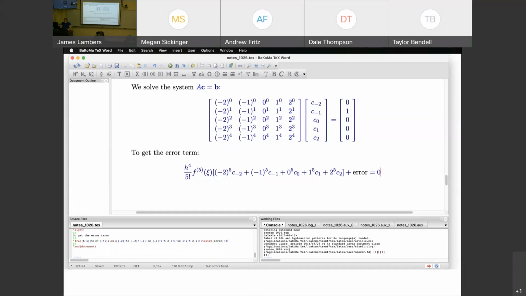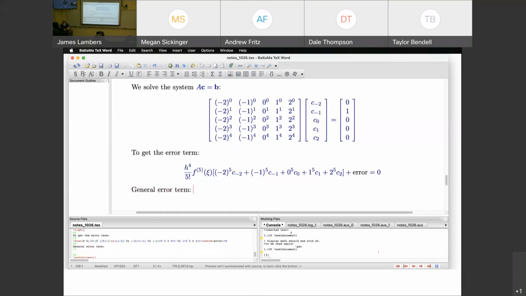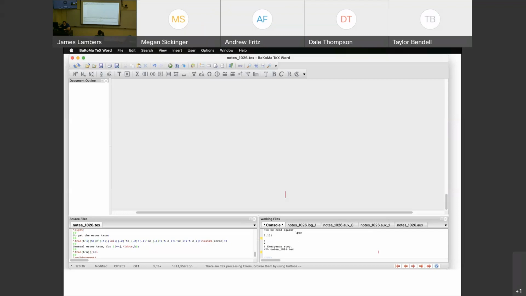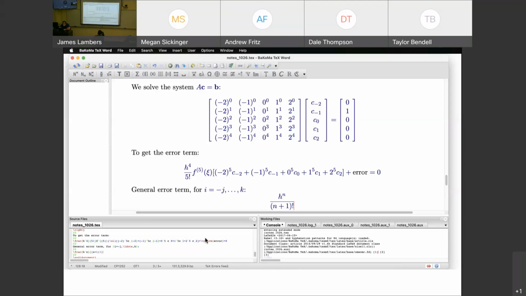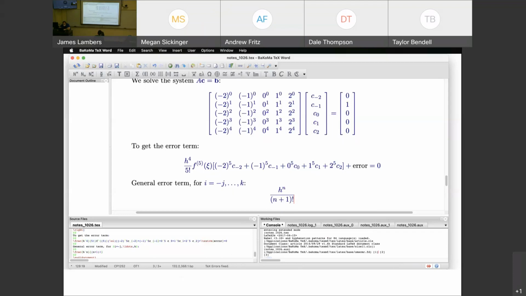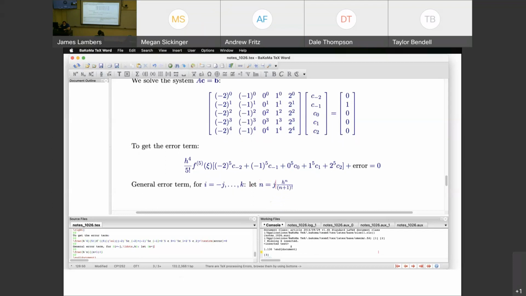Okay. So the general error term, when using general indices starting from j points to the left of x naught and k points to the right of x naught, is going to be h to the n over, all right, I need to give some notation. Let n be equal to j plus k.